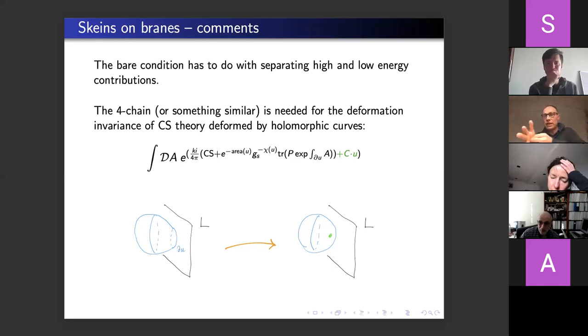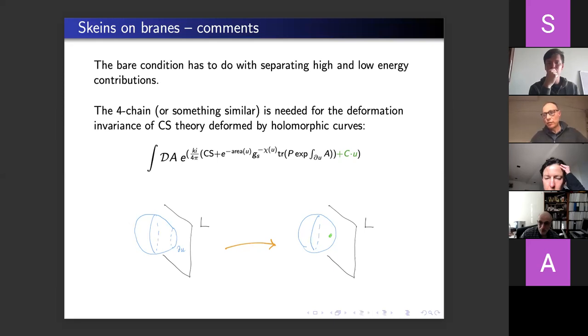So when it shrinks away, your sphere moves away, it still intersects the 4-chain, and by giving this intersection number a certain value, you can compensate for this. So, relating back to your question about the A model, I understand in this way, in the bare curve, slightly non-perturbative setting, how to put this back.